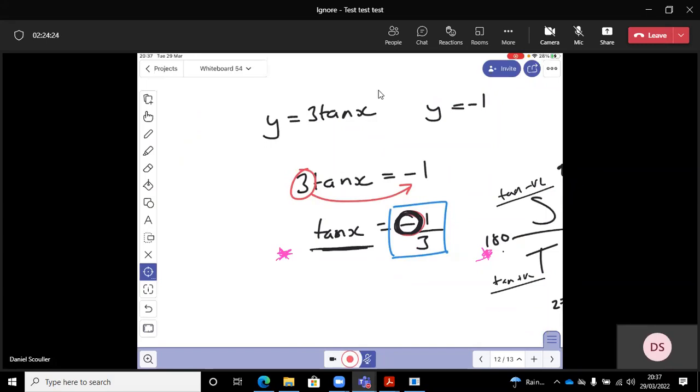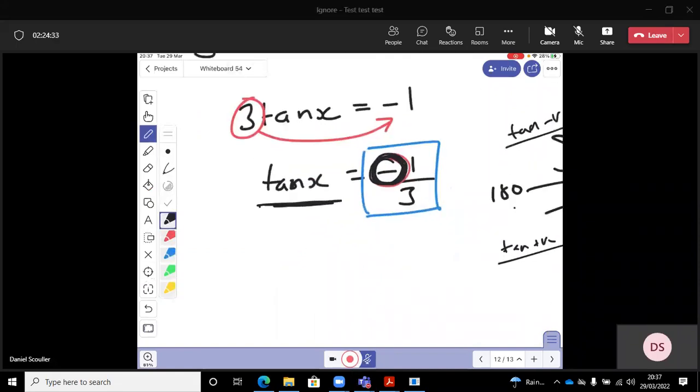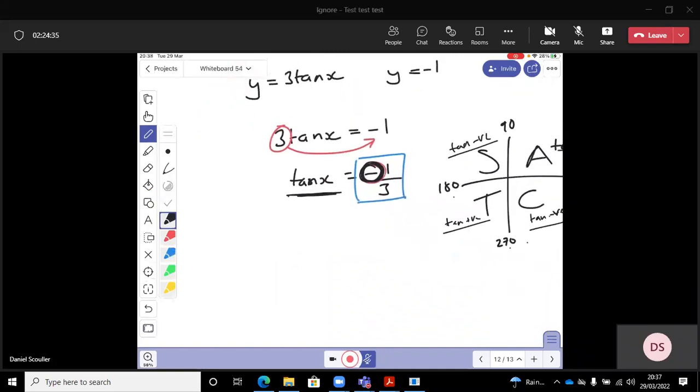So we are solving for x. We want to know the x coordinate. So we're going to bring tan over to the other side. And importantly, we don't need the negative sign in this calculation.